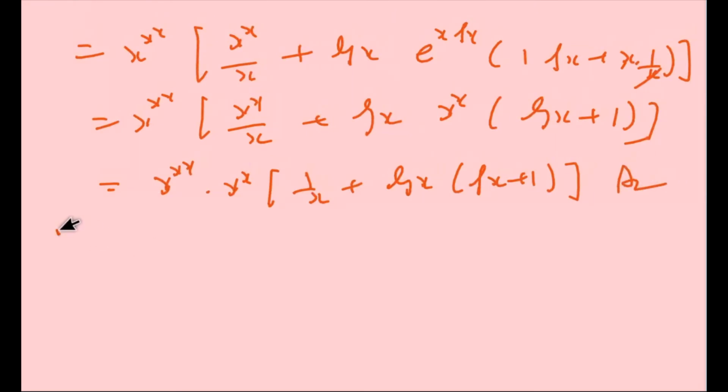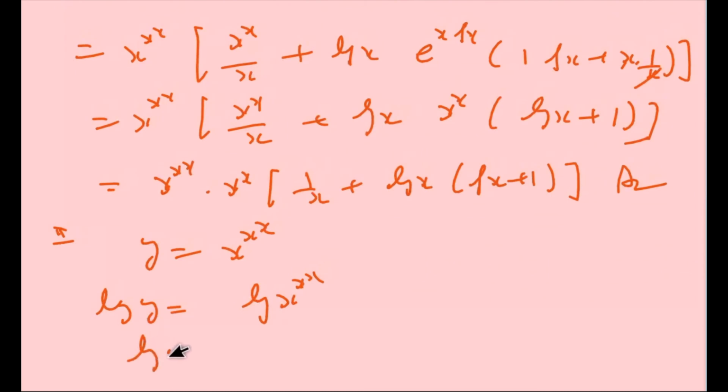Now again, if we want to take the log on both sides, you can use this way. Use here again x to the power x log x. Now again you have to take log on both sides: log of log y equal to log of x to the power x into log x.